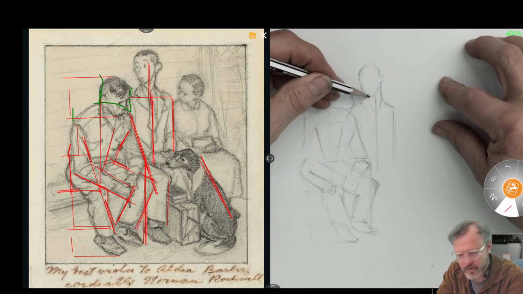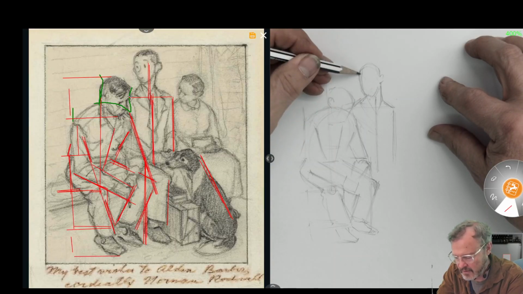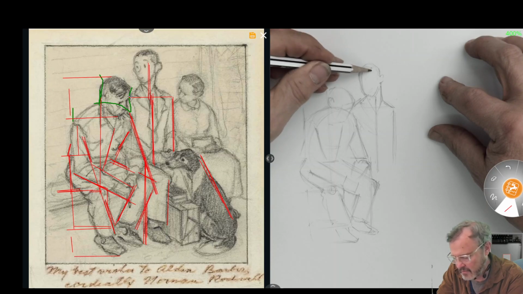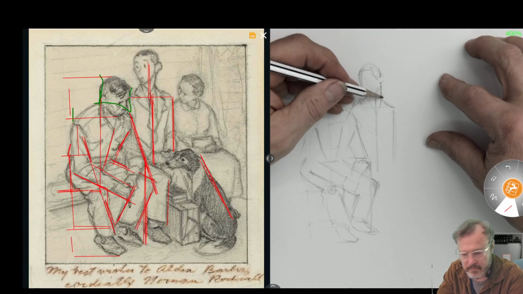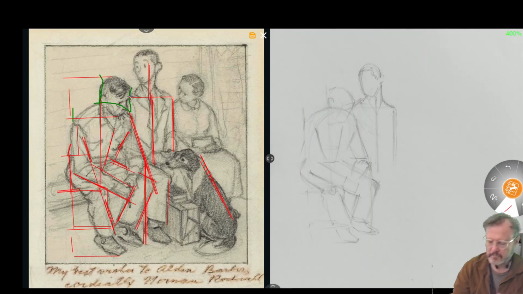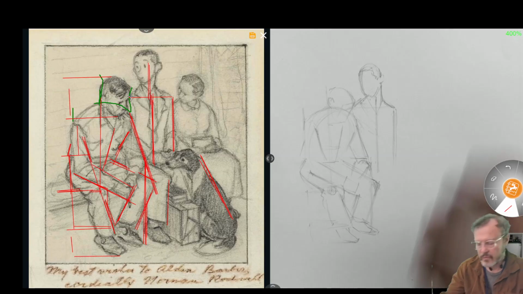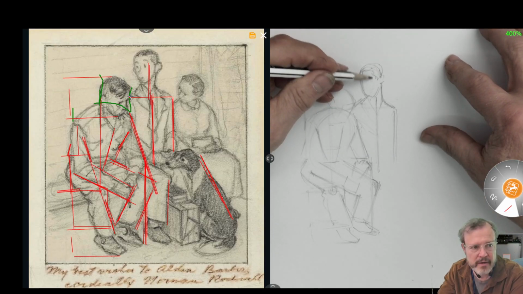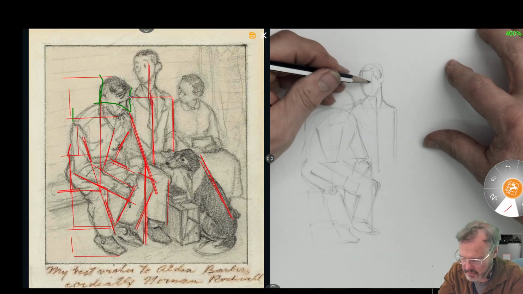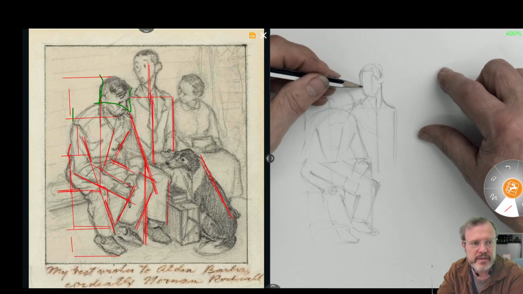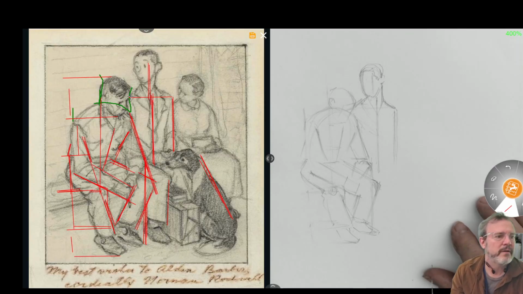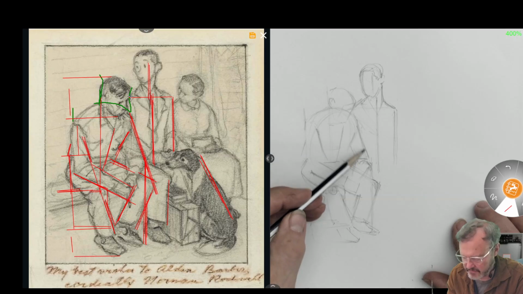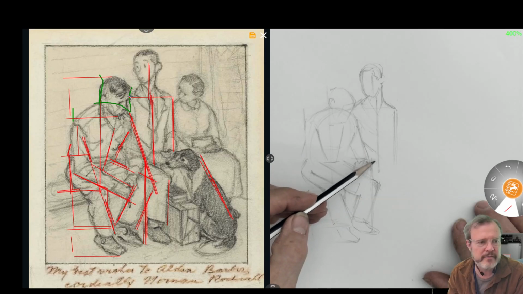And obviously strongly turned to the left, eagerly looking forward to leaving home. So I'm just going to do that plane change to indicate the way his head is turned. And his sleeve is sort of emerging from behind his dad's sleeve.